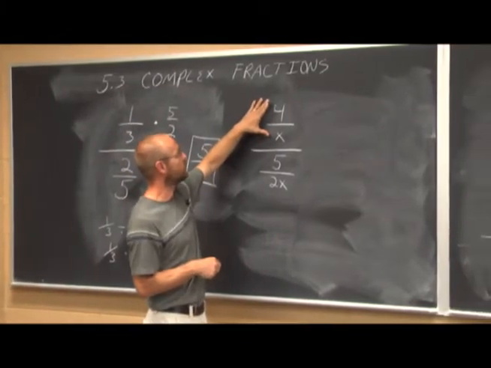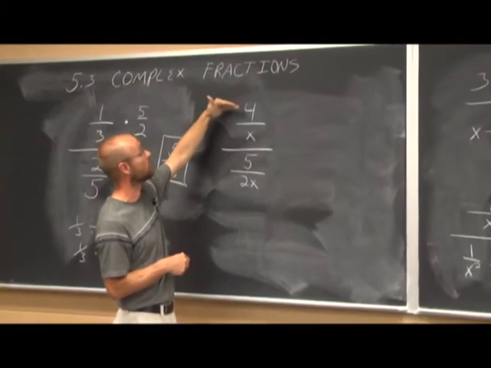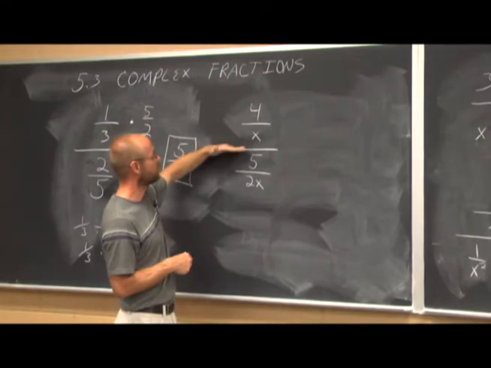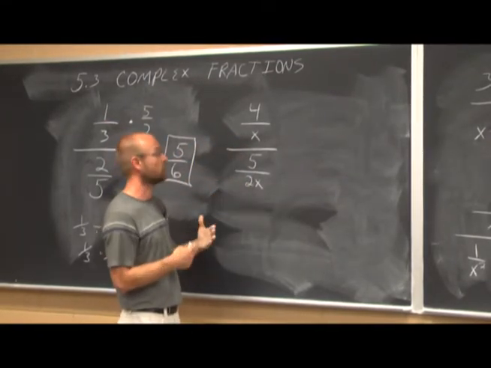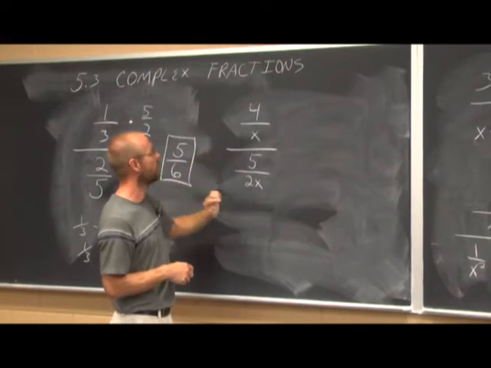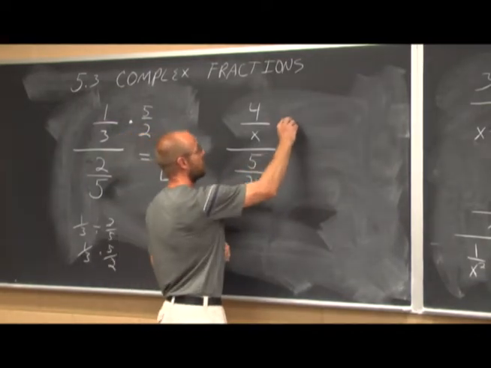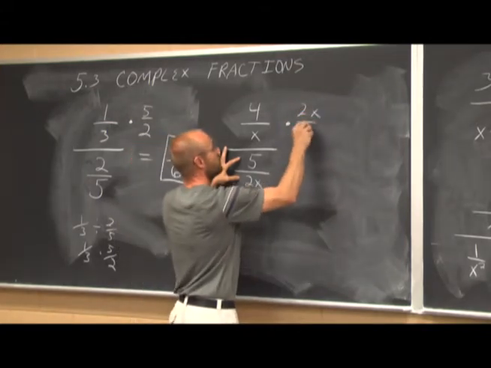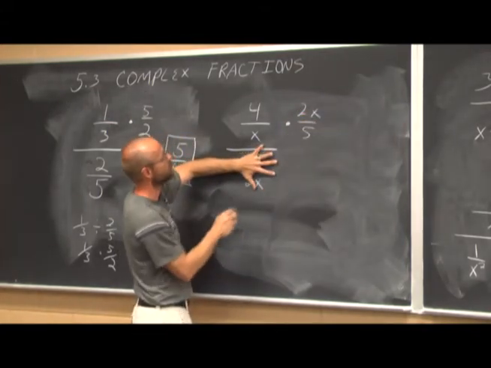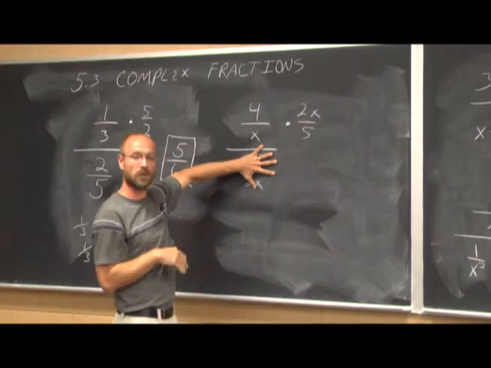So here we have the quantity 4 divided by x, divided by 5 over 2x, these two rational expressions being divided. I can just multiply the top by the reciprocal of the bottom, which would be 2x over 5. So we've dealt with this. Let's just look at this. We can do some simplification here.